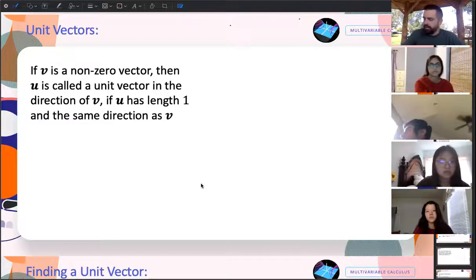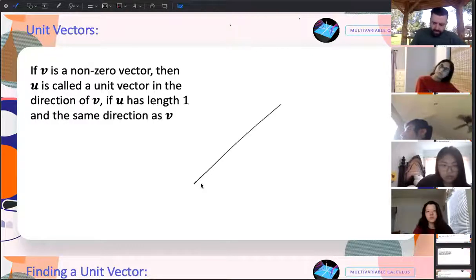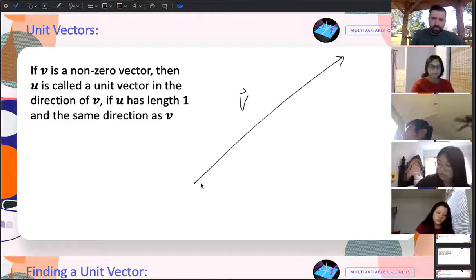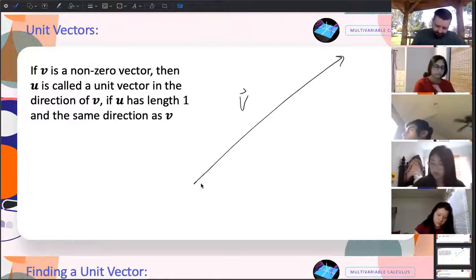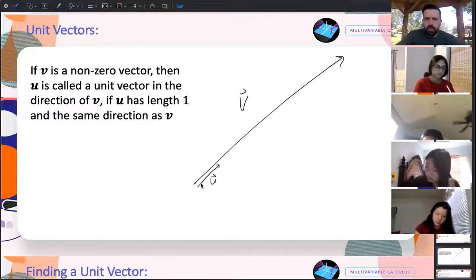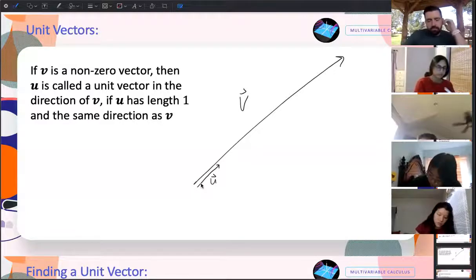All a unit vector is, is a vector that's going in the same direction as the one we're interested in, but has a length of 1. So for example, we may have v be this really long vector. We might want u, the unit vector, in the same direction. It would be just another vector, just 1 unit long as opposed to thousands of units long like v.